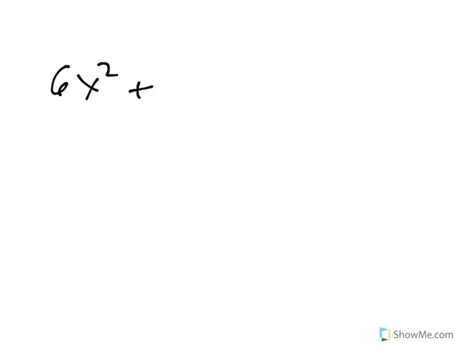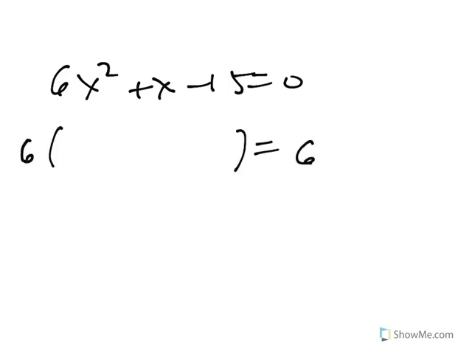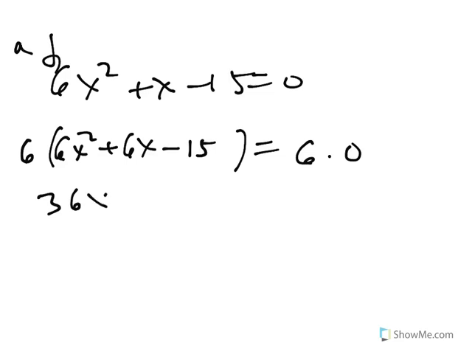So here it is, 6x squared plus x minus 15 equals 0. One method is to multiply both sides of the equation by whatever the a coefficient is. In this case, it is 6. It would turn it into 36x squared plus 36x minus 90 equals 0.